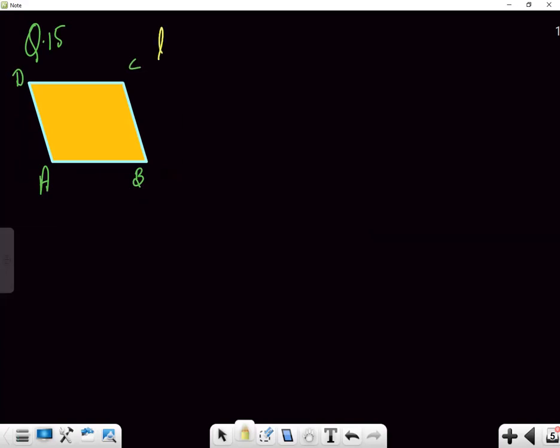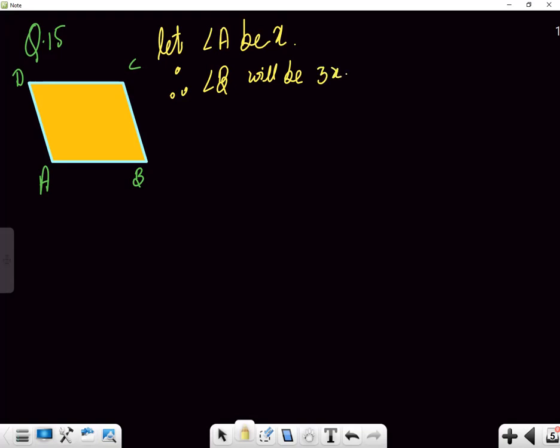So let angle A be x. एंगल ए को आपने x मान लिया, therefore एंगल B will be. अब देखो क्वेश्चन के अकॉर्डिंग, क्वेश्चन ने बोला है कि ऑफ एनी टू एडजेसेंट एंगल्स, तो एंगल ए का एडजेसेंट एंगल या तो एंगल बी होगा या एंगल डी होगा, तो मैंने एंगल बी ले लिया अभी के लिए. ठीक है, दोनों में से आप कोई भी ले सकते हो. The measure of one is 3 times the other, तो एंगल बी को मान लिया मैंने 3x.